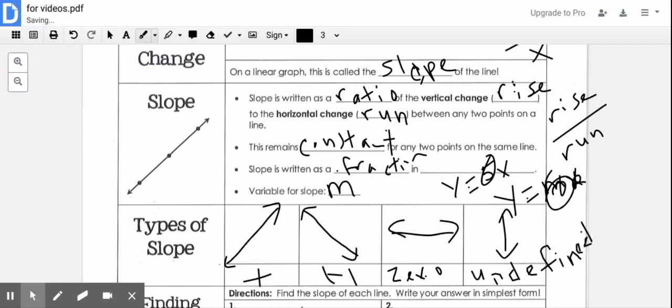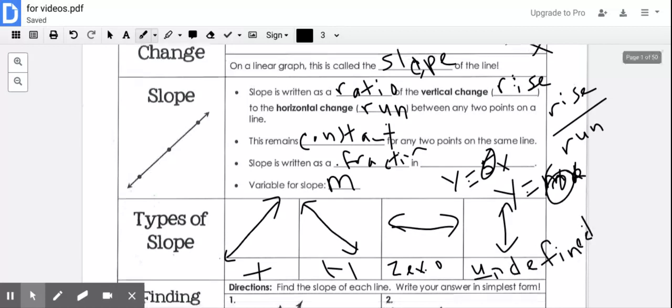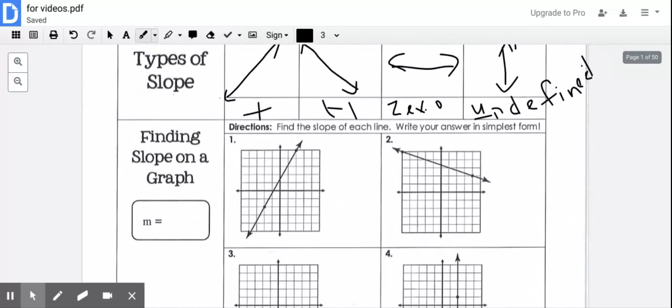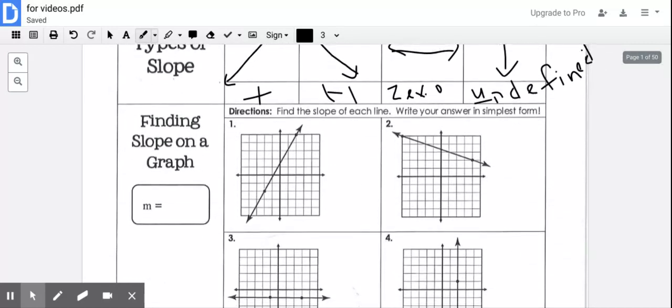Sometimes we think of it as the word up and down starts with U, and so does undefined. So when you're on a graph, we actually need to count the rise over the run. That's run. And then that will give us our slope.